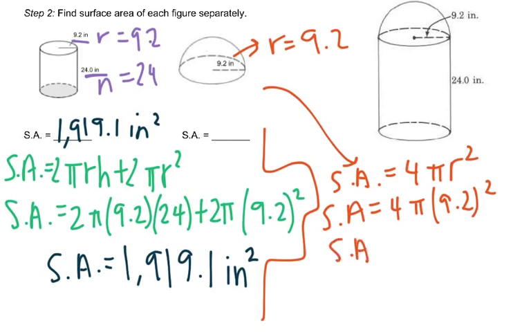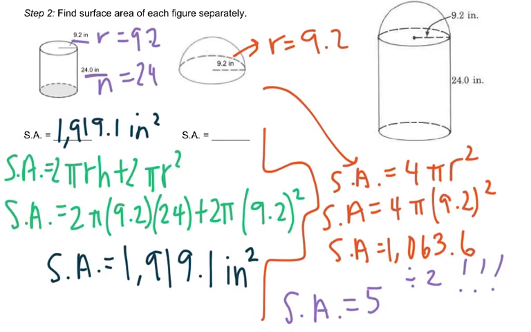We're going to use our calculator to find that, and we get 1,063.6. Now this is the really important part. We need to find the half sphere surface area. So we need to remember to divide this number by 2. Okay? So our final answer for surface area is 531.8 inches squared. So I'm going to put that up here for surface area. Do not forget to divide by 2 if you're dealing with a half sphere.